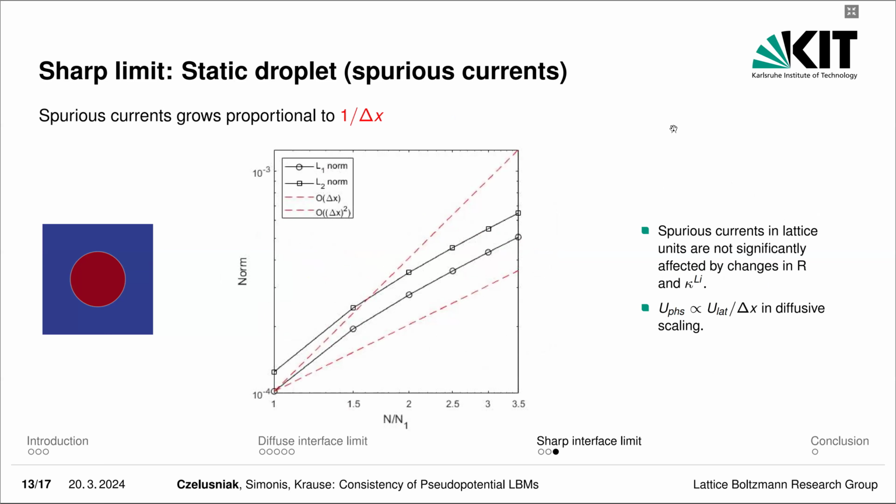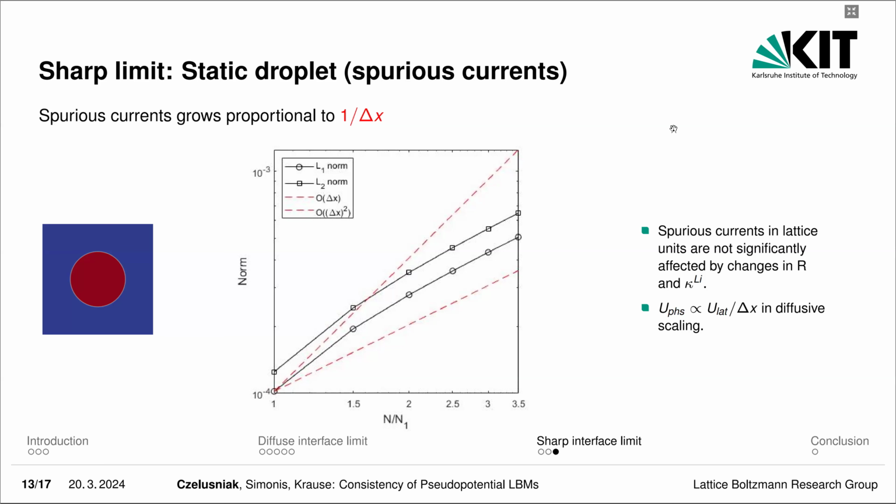I believe that this is happening since we are not changing the equation of state in lattice units. I'm not completely sure which parameters most influence the spurious currents, but I noticed that they were not changing in lattice units. If I maintain the same equation of state, even if I was changing the size of the system, the spurious currents were constant.